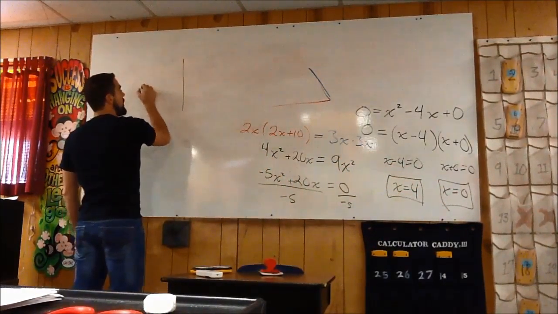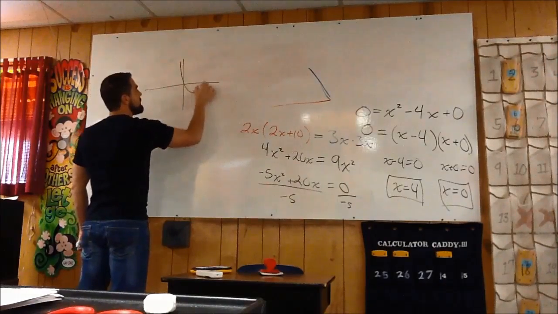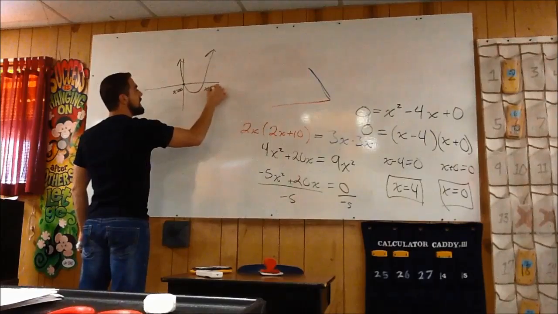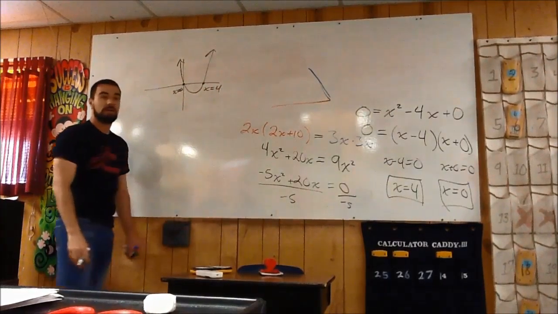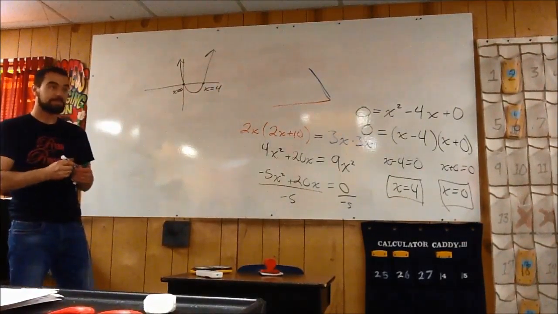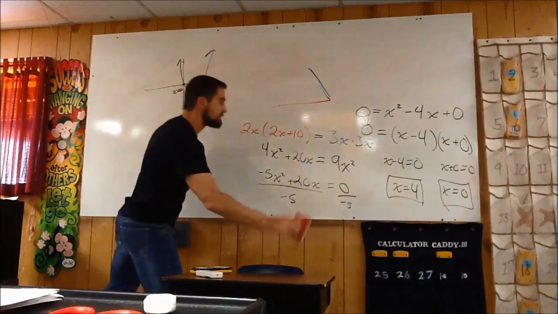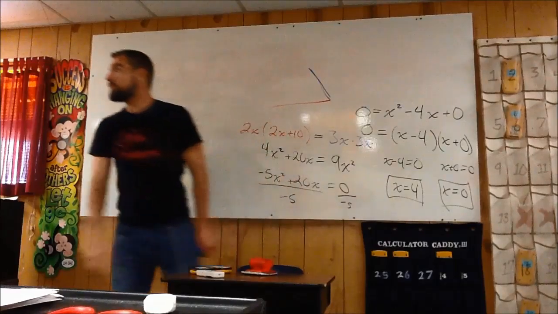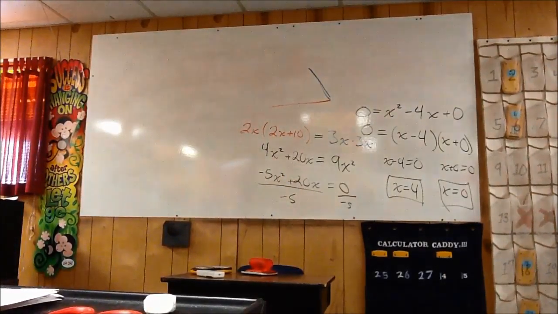So if this was my y-axis and x-axis, it would look something like that, where this is x equals 0 and this is x equals 4. That's what the graph would look like.